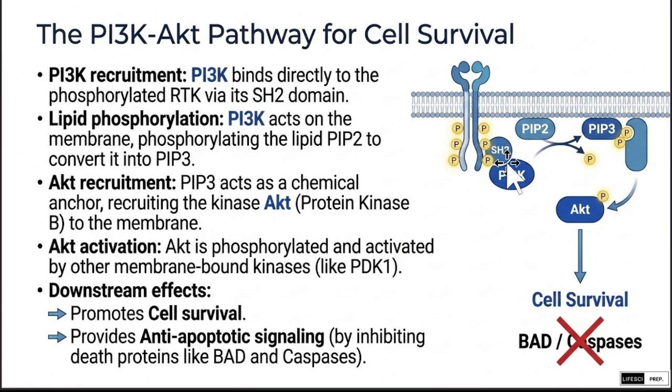After PIP3 is produced, it acts as a chemical anchor and recruits the AKT kinase. After the AKT kinase is recruited, phosphorylated and activated by other bound kinases like PDK1, it promotes cell survival and anti-apoptotic signaling. It inhibits death proteins like BAD and caspase.